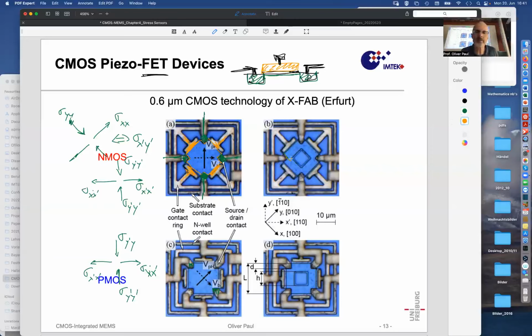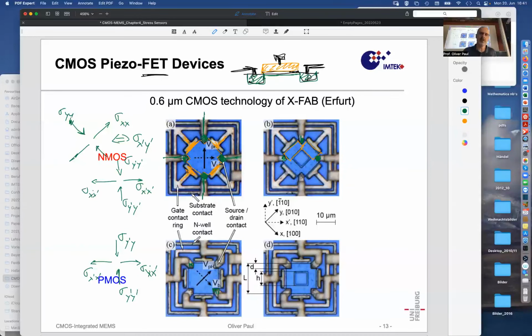It looks like there is a first resistor between this source and this middle contact, and then there is a second resistor between this middle contact and the drain contact at the other side, and vice versa at the bottom.